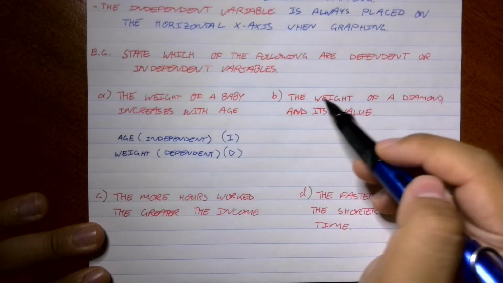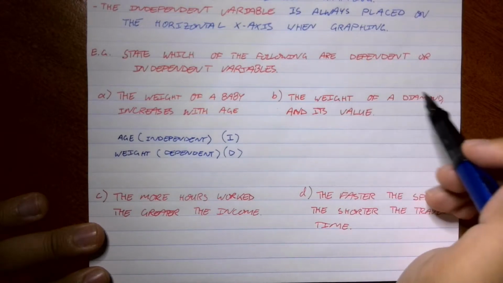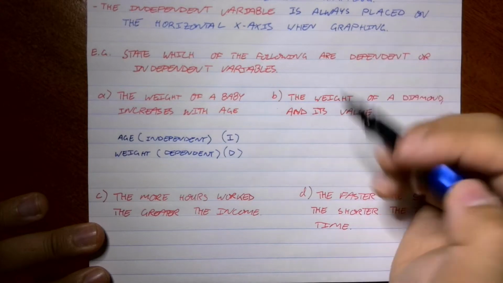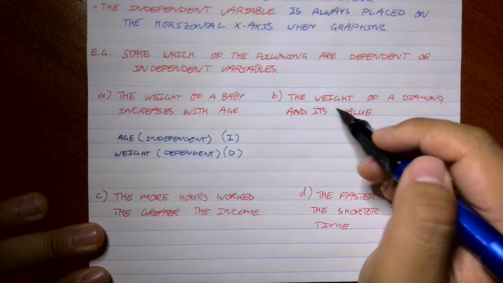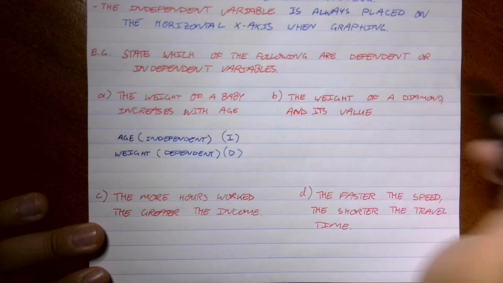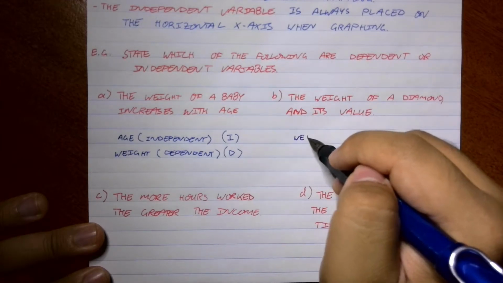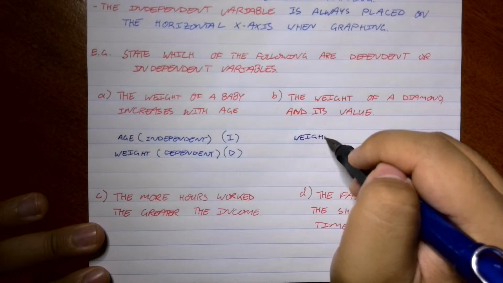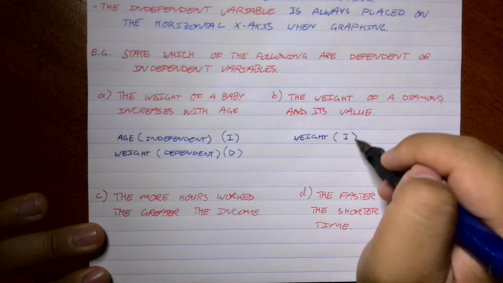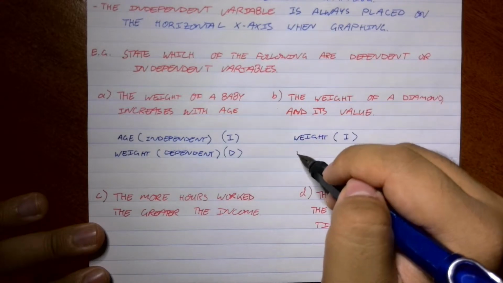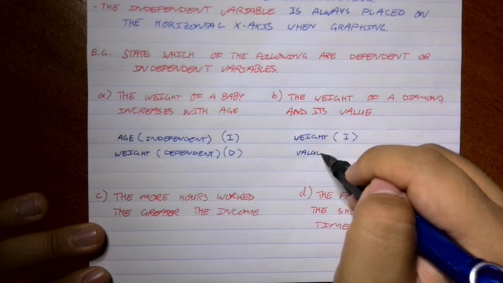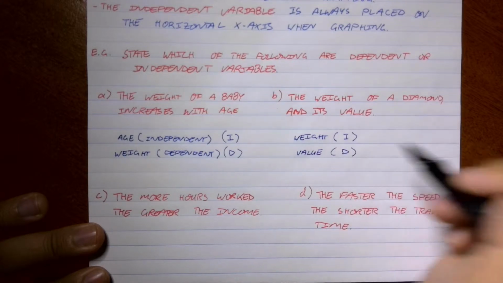Well, you'd expect a larger and heavier diamond to be more valuable, which means that the weight in this scenario is the independent variable, and its value is the dependent variable.